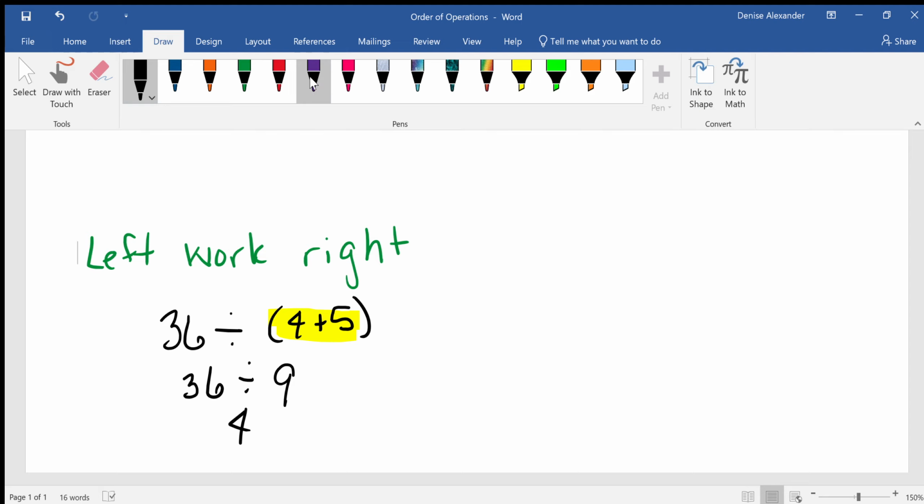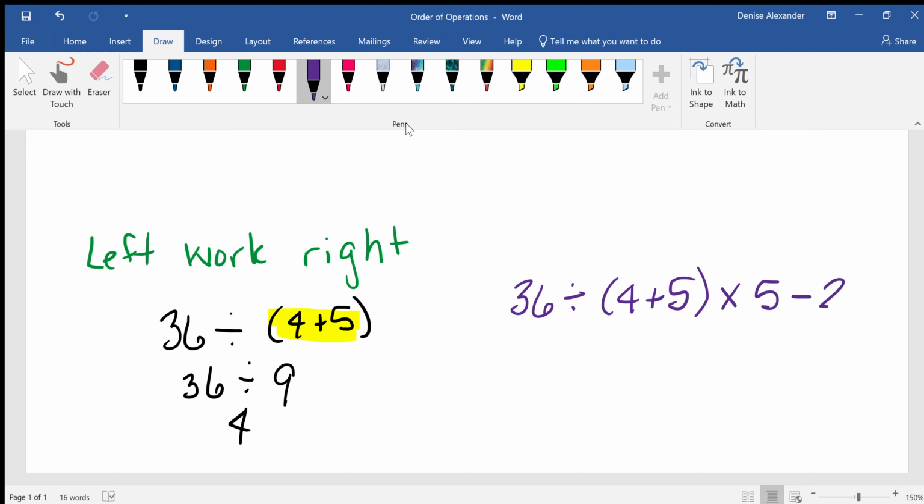Now say I had, we can keep the same problem even. We'll do 36 divided by 4 plus 5, multiply 5, subtract 2. It's a lot of steps, but watch.